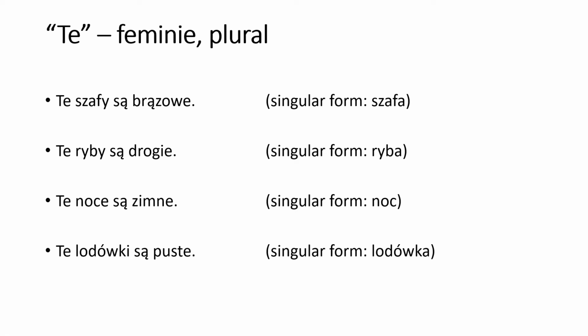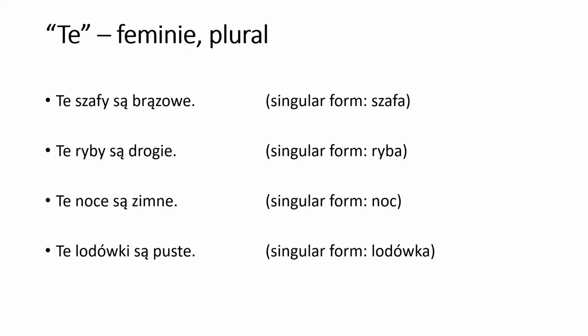This is just a rule. It helps, and we're going to see it many times. Te lodówki są puste. These fridges are empty. I'm going to read them again. Te szafy są brązowe. Te ryby są drogie. Te noce są zimne. Te lodówki są puste.